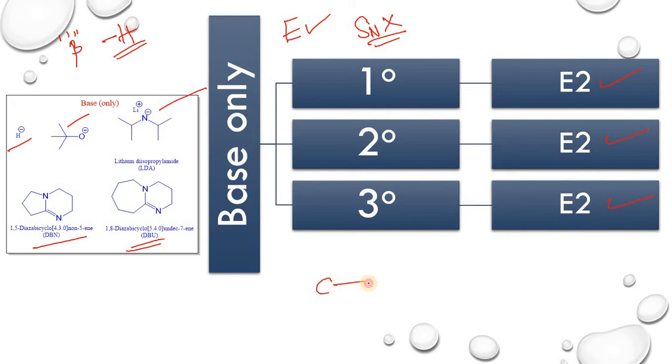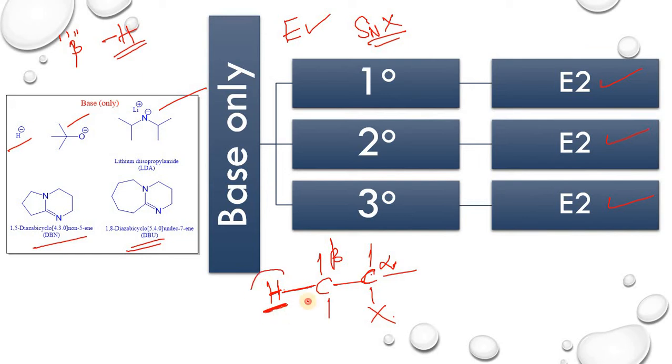Suppose if we take this is the halogen. What is the beta carbon? This is the alpha carbon and this is the beta carbon. The beta carbon should have hydrogen. Then only there is a E2 elimination or E1 elimination.